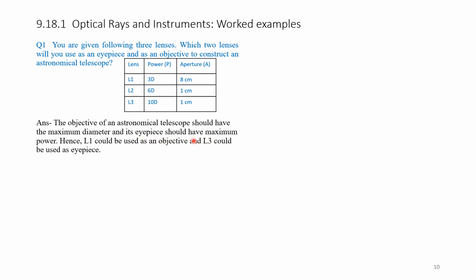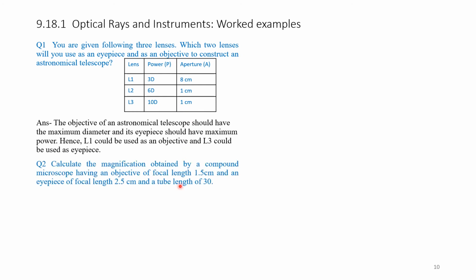Therefore, we have to select maximum diameter and maximum power. Hence, L1 could be used as an objective because of its larger aperture, and L3 because of its maximum power. So, for astronomical telescope we have to select L1 as objective and L3 as the eyepiece.